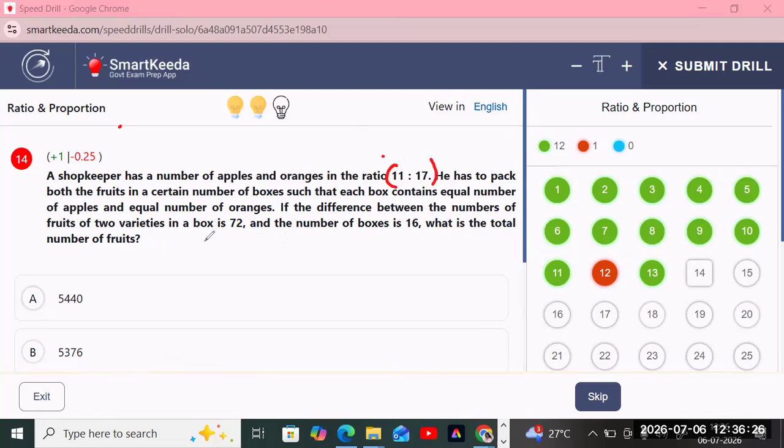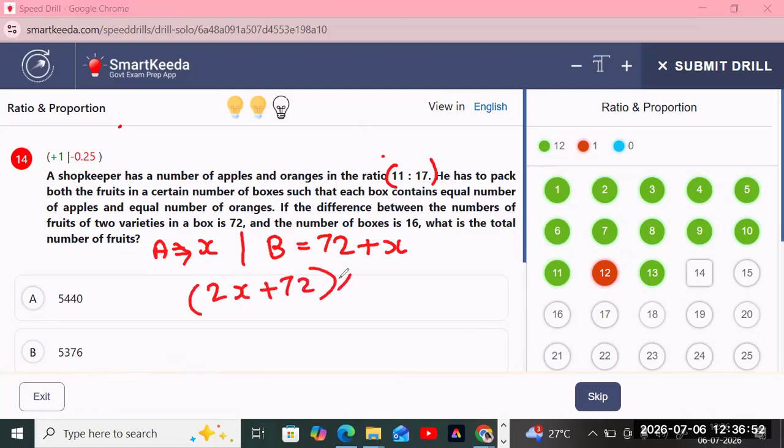The number of apples in a box, if I took x, number of oranges is 72 plus x. So 2x plus 72 into 16 is equal to total boxes, total fruits.